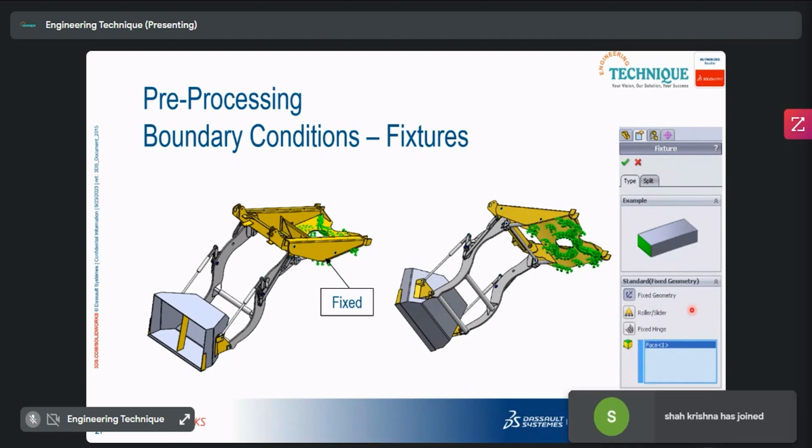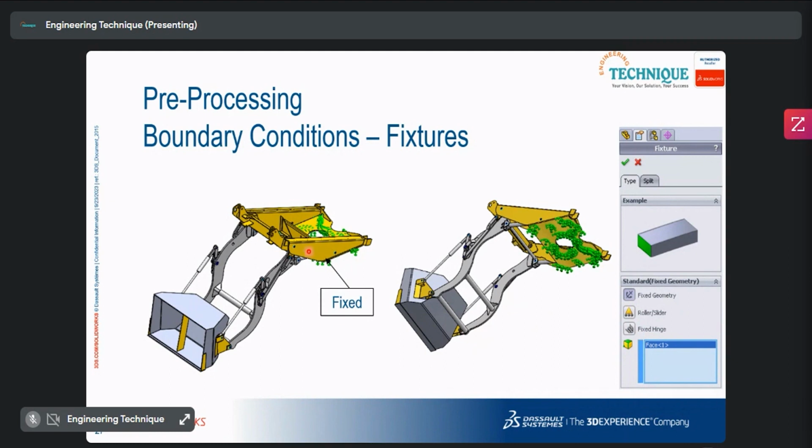When you are freeing only linear motion, it is called a roller or slider fixture. And when you are freeing one rotational degree of freedom, it is called a fixed hinge. You can apply these at any vertex, edge, or face of the component.